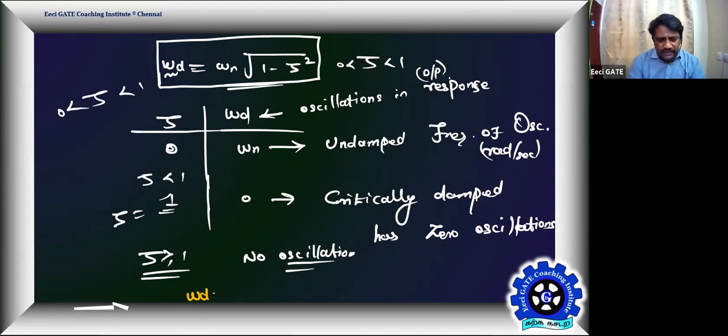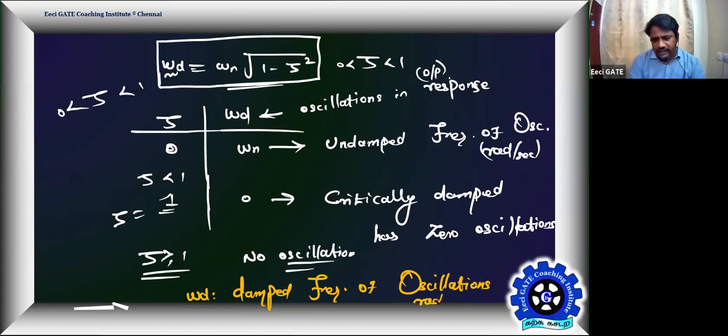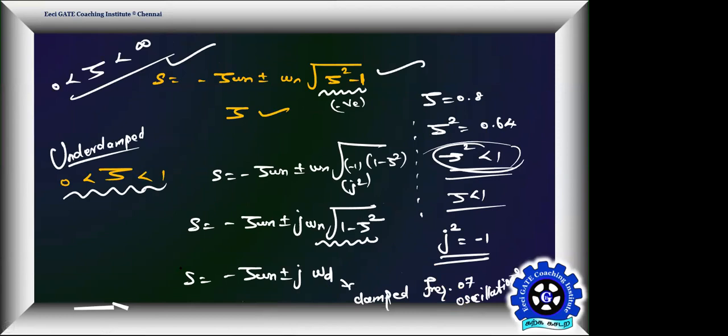Omega d is the damped frequency of oscillations. Radian per second, default unit. Hope it is clear to everyone. Yes, sir. That's the understanding of omega d.